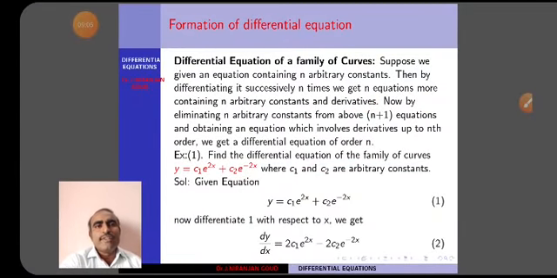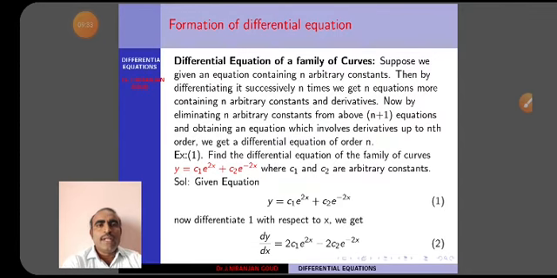Now, formation of a differential equation. If you have a family of curves, how do you find the differential equation? Suppose we have an equation containing n arbitrary constants. Then by differentiating it successively n times, we get n more equations containing the n arbitrary constants and derivatives.